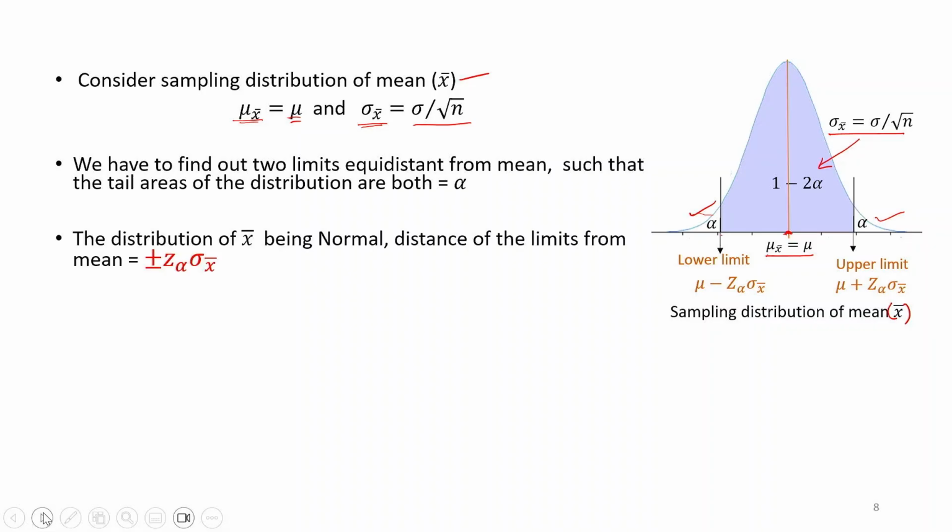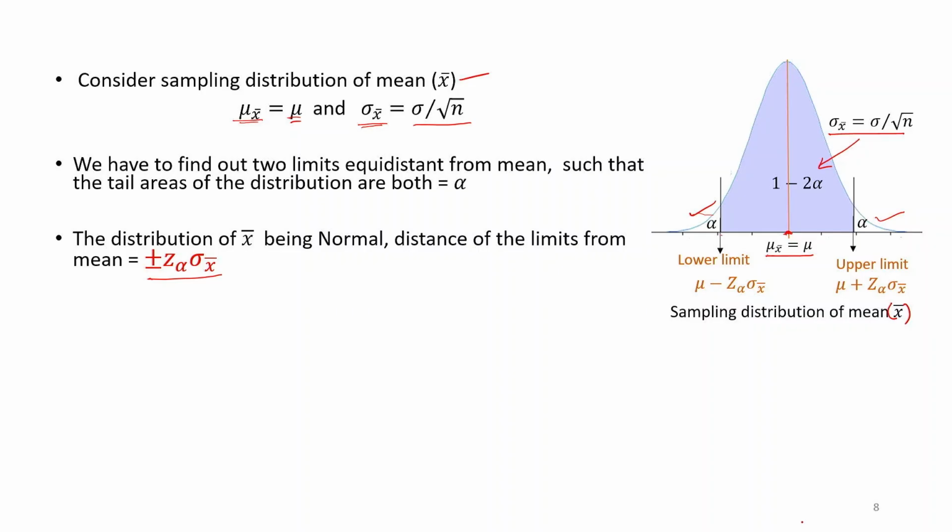The distribution of x bar being normal, the distance of the limits from the mean will be z alpha sigma x bar. Sigma x bar means the standard deviation of sample mean. Whatever value of alpha we choose, we have to find the corresponding value of z for that alpha, which we will get from the standard normal distribution table.